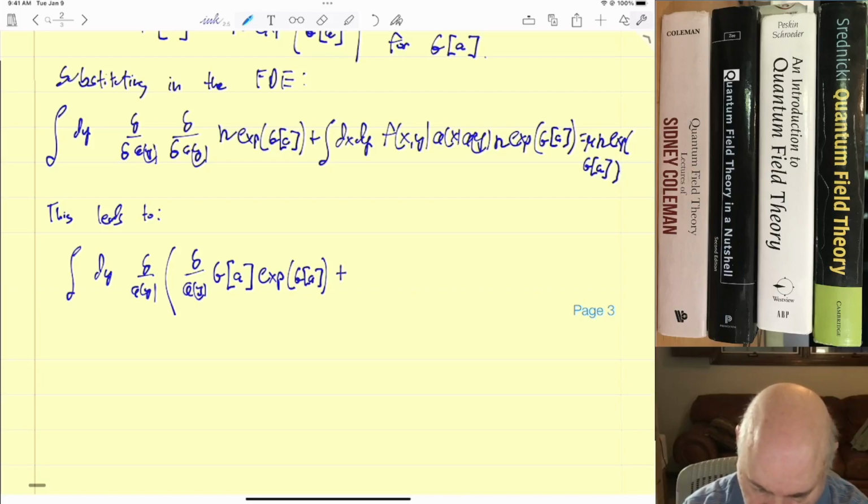And then the next term is the integral of dx dy f(x,y) a(x) a(y) exp. Notice the normalization constant canceled out, so that's just arbitrary.